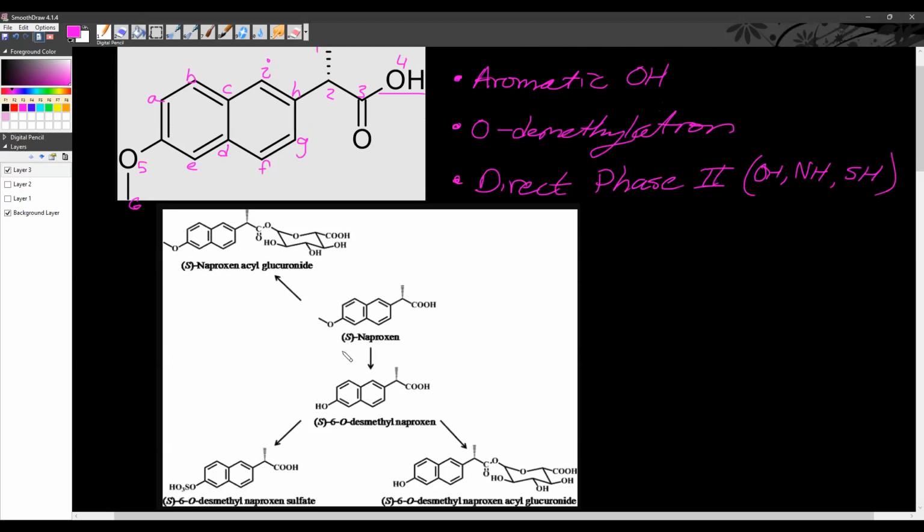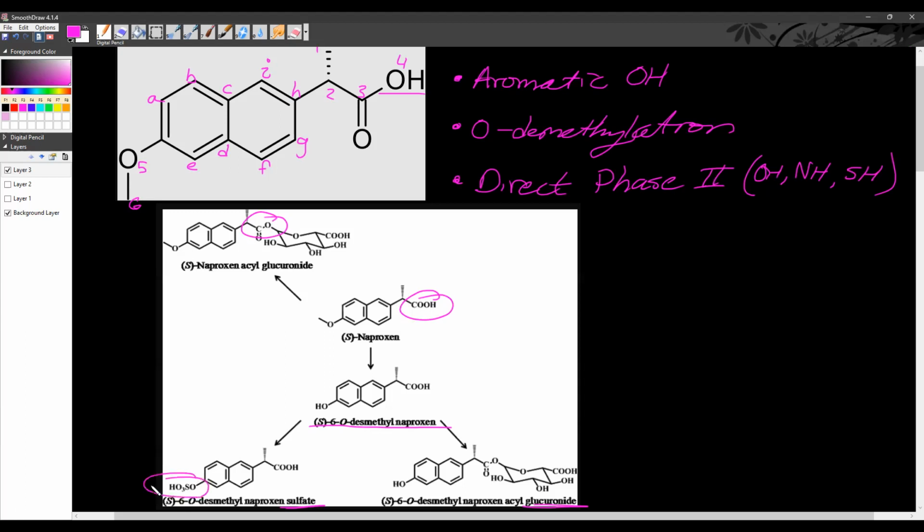So if we look at naproxen, one of the things that can go through is O-demethylation, which it then directly conjugates either through sulfation or glucuronidation, or it can just directly do it, right? Because it has that nice exposed OH and it can conjugate directly.